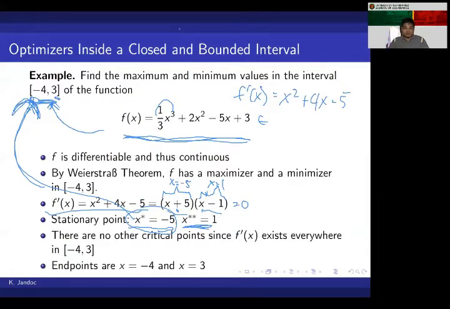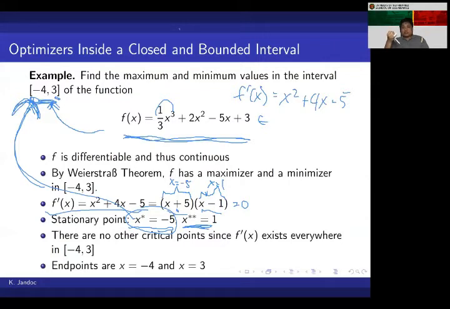The derivative exists, so there are no kinks in the interval (-4, 3). So we have an interior stationary point in the interval that could be the source of the optimizer, the maximizer or minimizer.